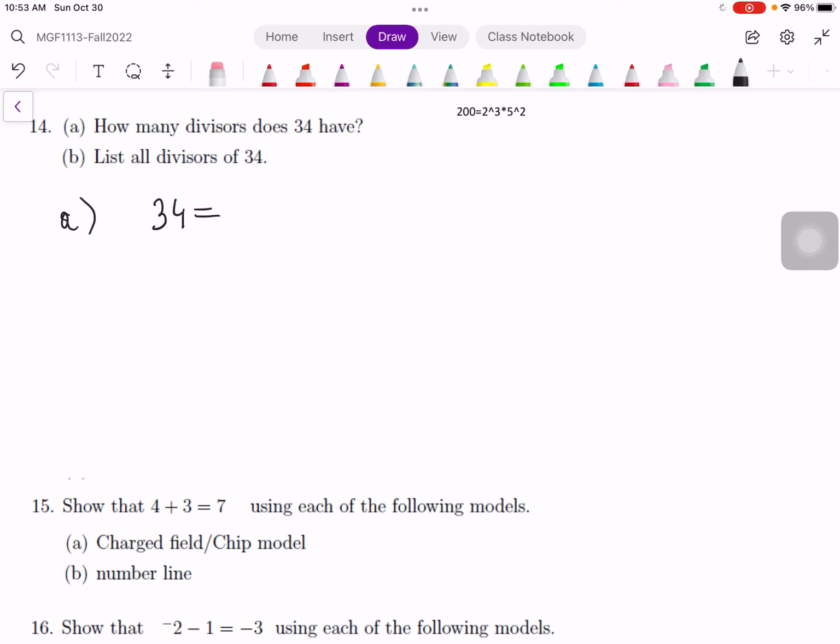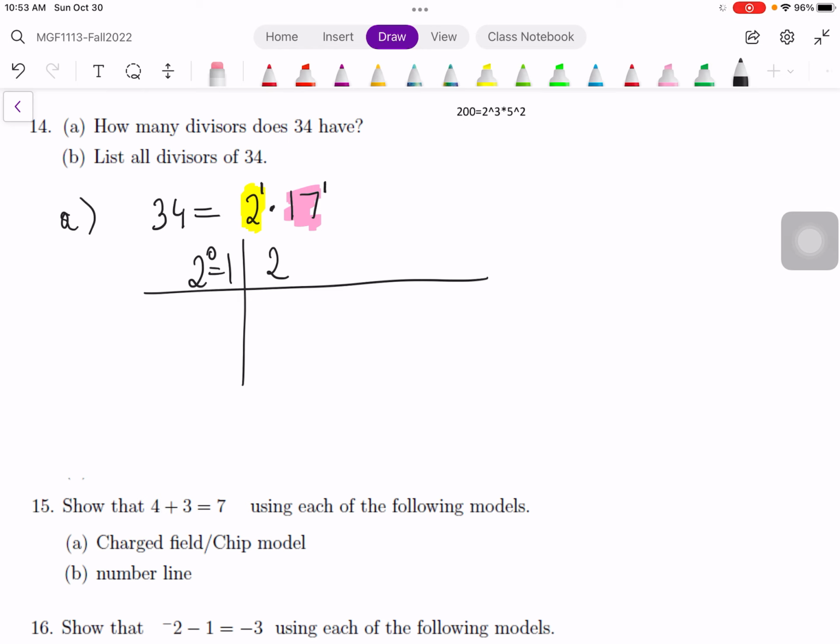So 34 is what? 2 times 17, right? So you have the prime factorization of the number: 2, and then 17. That's a very nice one. So you create a table. You start with 2 to the power 0, which is 1, and you climb up to the power that 2 appears with.